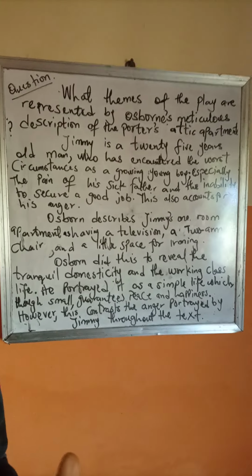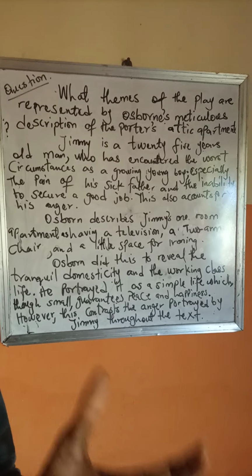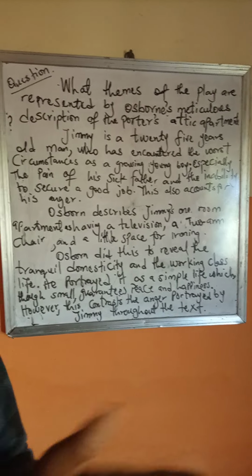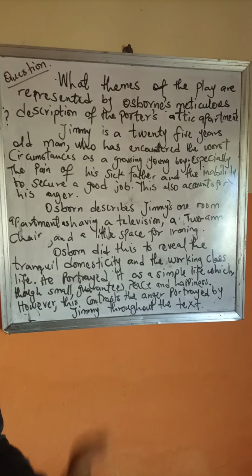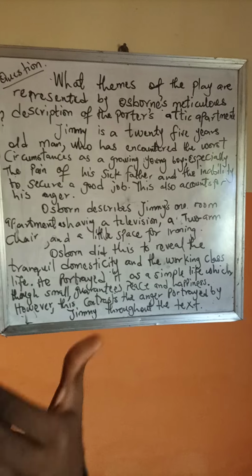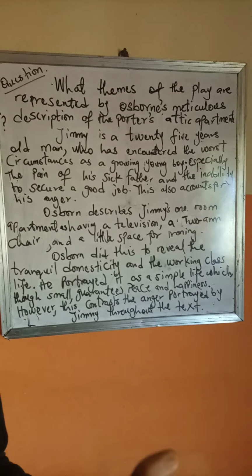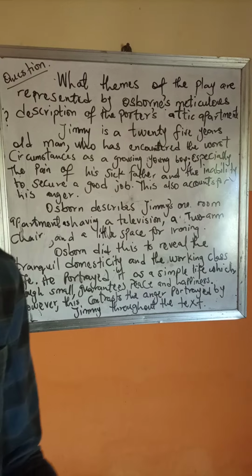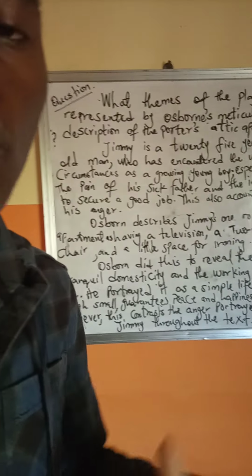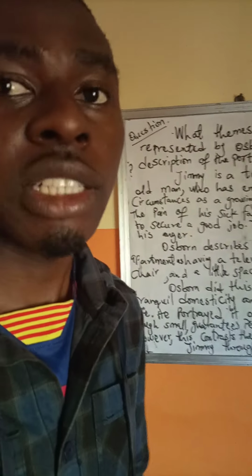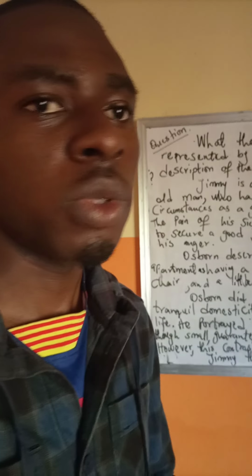It looks peaceable outside. It looks convenient, even though it's small. But really, inside, Jimmy is angry at the economy. He's angry at what has befallen him. And at the age of 25, a graduate like himself could not even get a good job and had to put up a sweet stall to at least make a living and survive with his family.